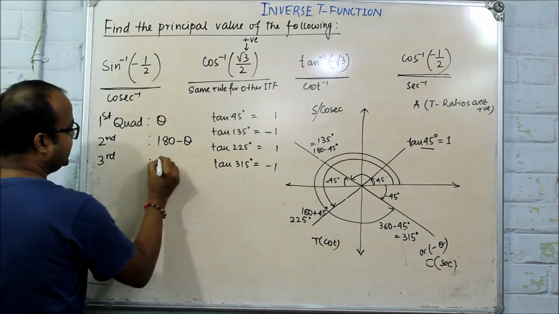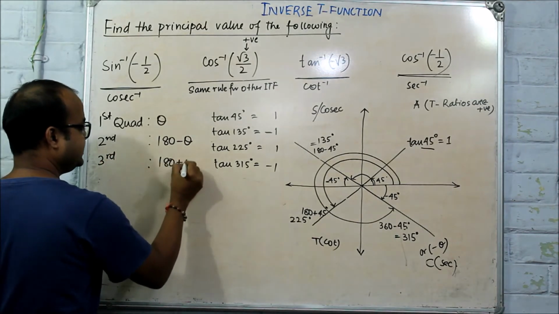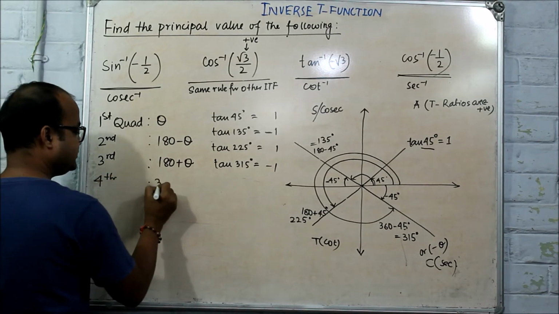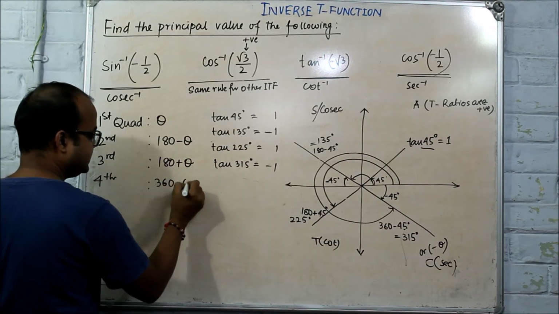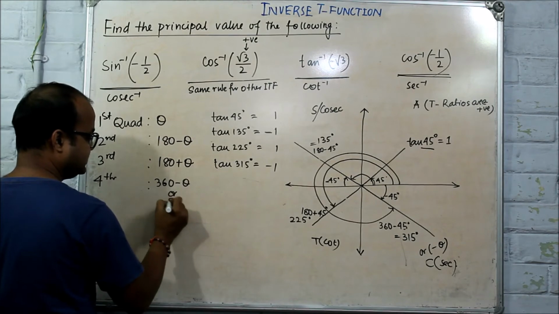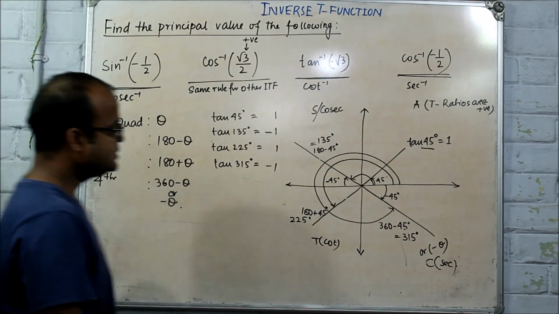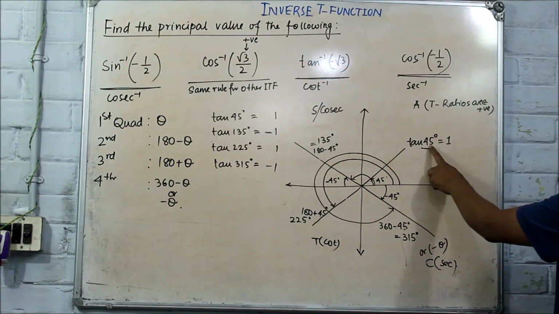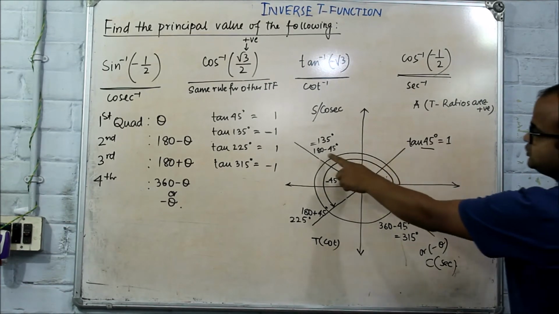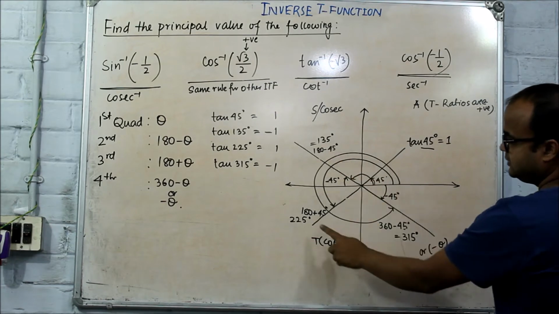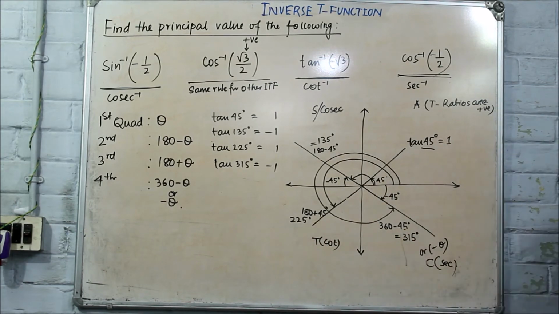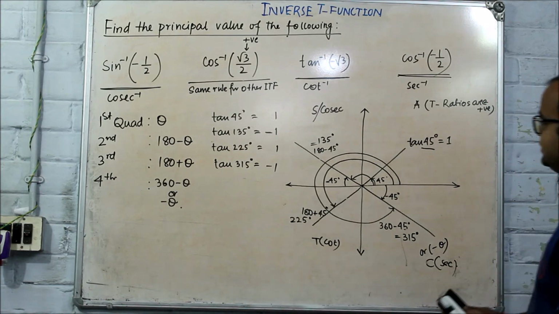In the third quadrant it is 180 degree plus theta, and in the fourth quadrant it is 360 degree minus theta or minus theta. I am just comparing the result. If we consider 45 degree as theta, then this is 180 degree minus theta, 180 degree plus theta, and 360 degree minus theta.